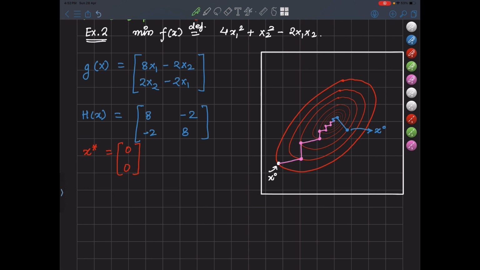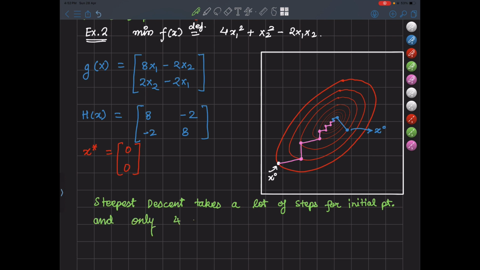So let's state our observation: steepest descent takes a lot of steps for one initial point and only 4 steps for another.